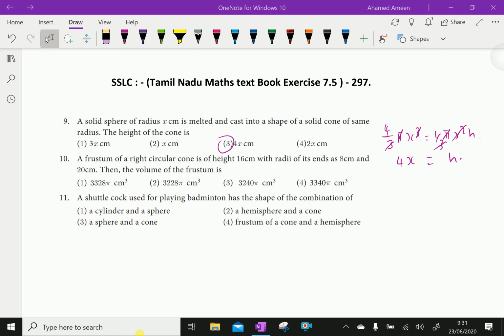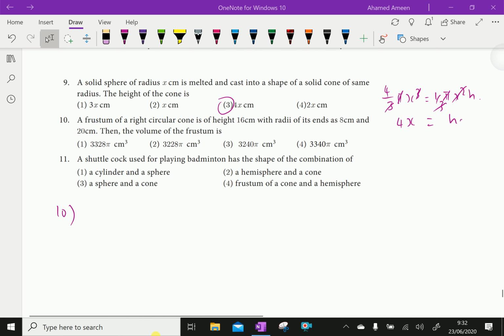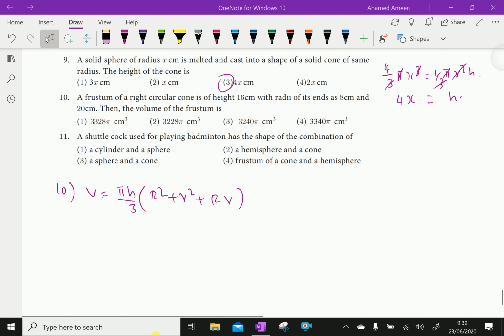Next, question number 10. The frustum of a right circular cone has height 16 centimeter and the radii of its ends are 8 centimeter and 20 centimeter. The volume of the frustum of the cone is pi h by 3 times r1 squared plus r2 squared plus r1 r2. We will put the values.